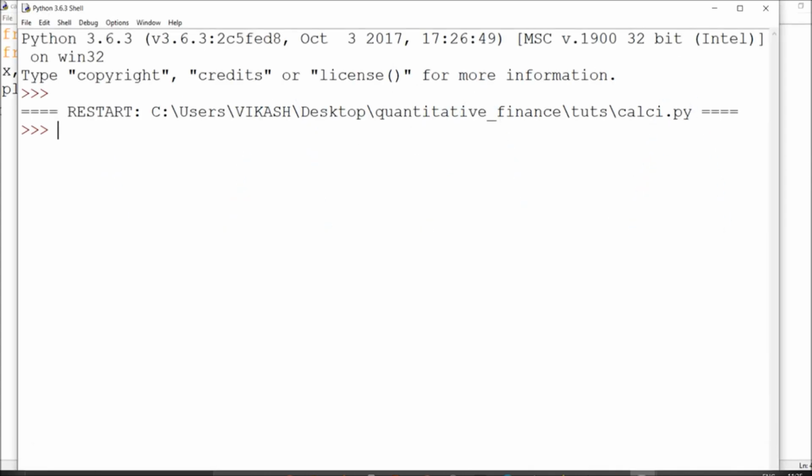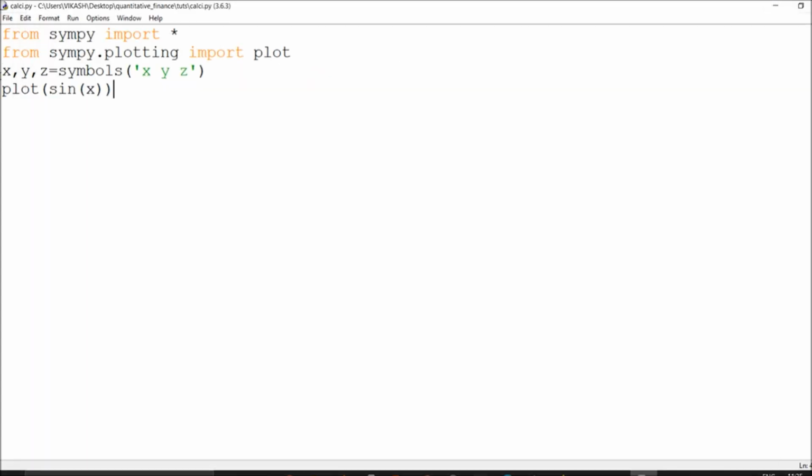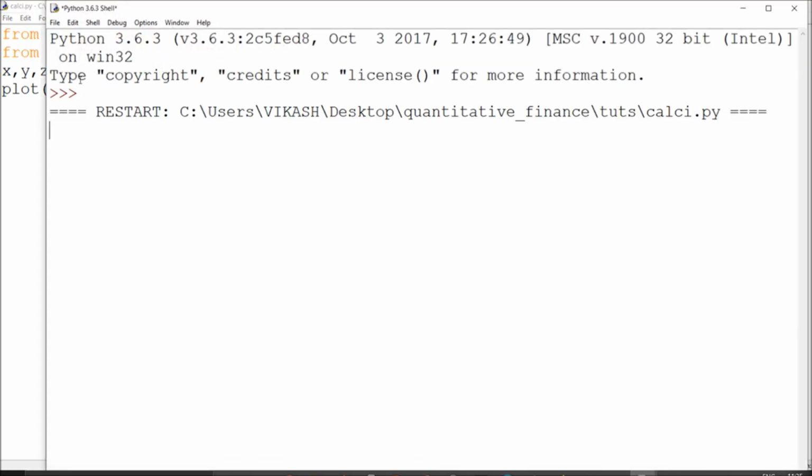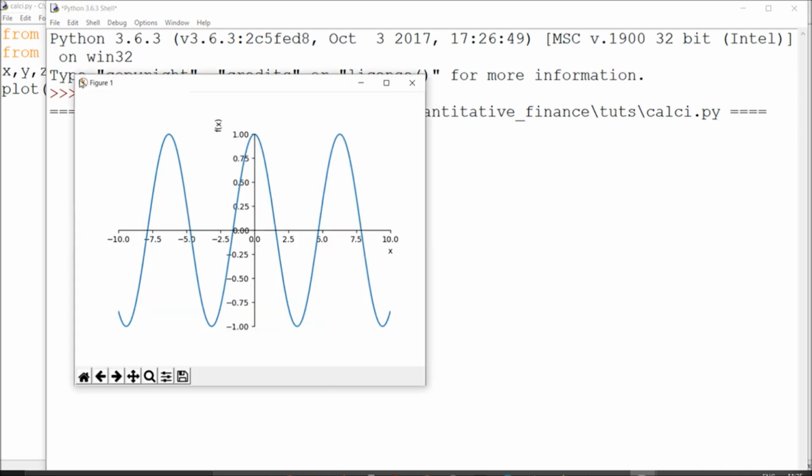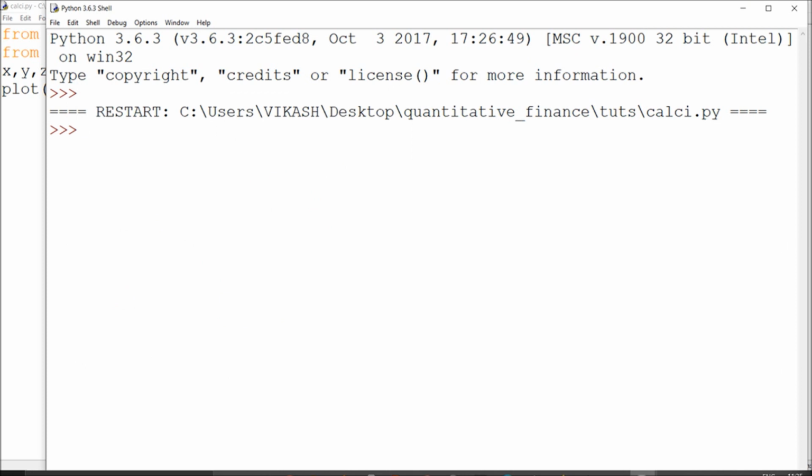And if we get to know about this cos x, it is related to sin x. I can show you in differentiation as well.